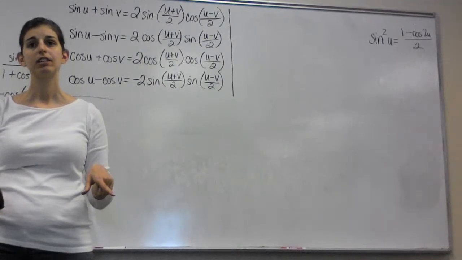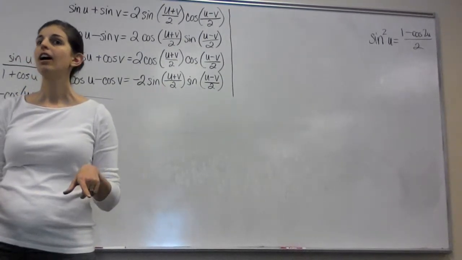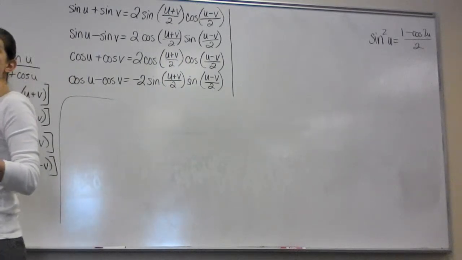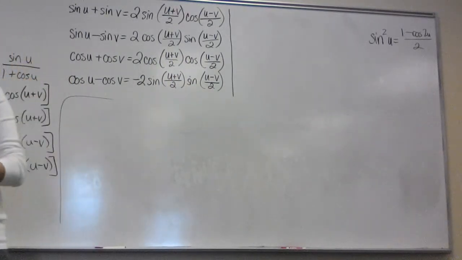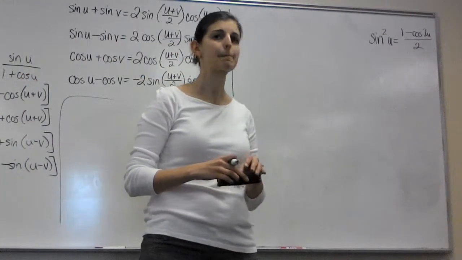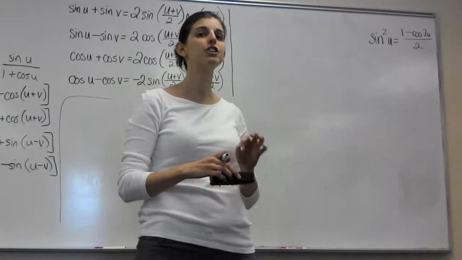This one right here has a half angle, which you also had in the problem. It was sine squared of x over 2. So the question of do I use the half angle or the squared function, doesn't matter. You can use either one. Does the answer change? Not if you simplify it, it should not change.